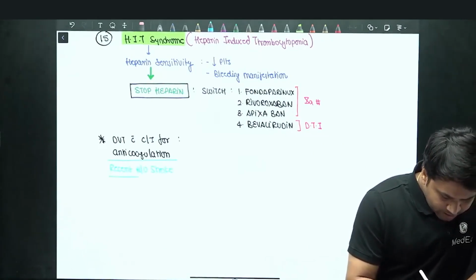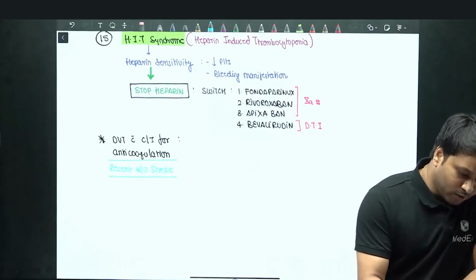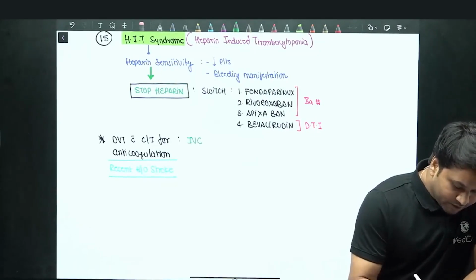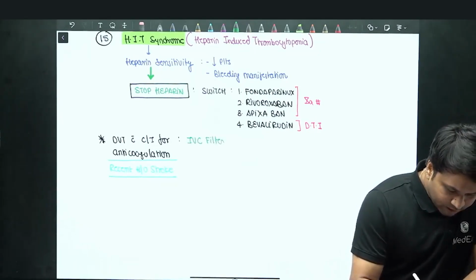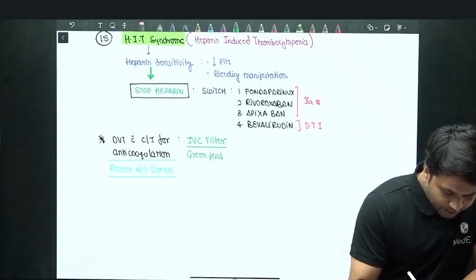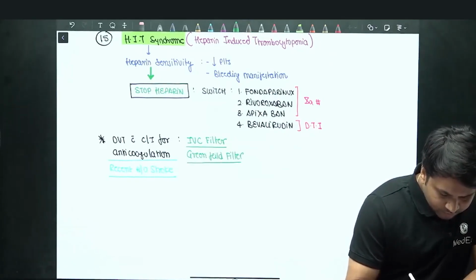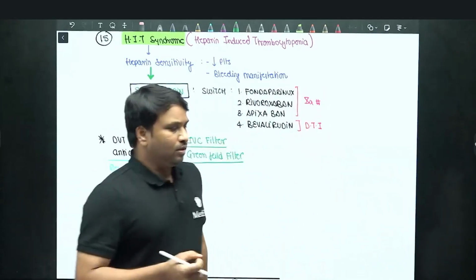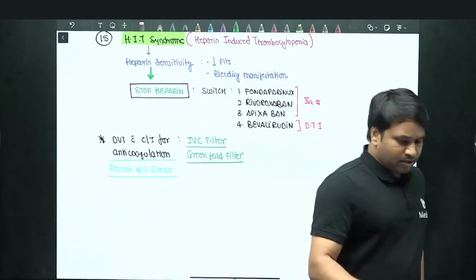If there is recent history of stroke, what will you do? I will install an IVC filter, which is also referred to as the Greenfield filter, right? So these are the two components that you remember.